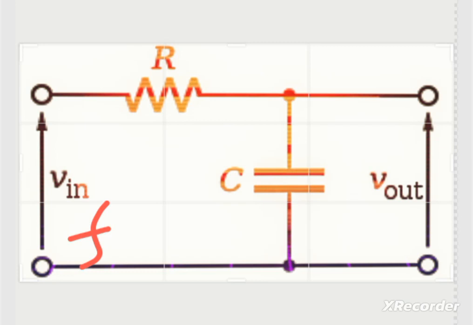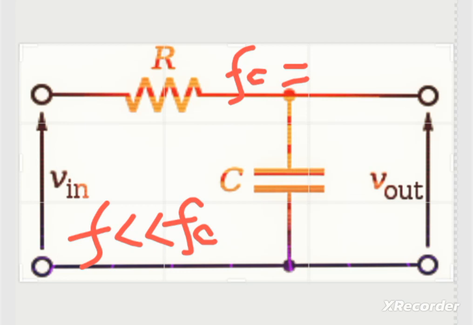If that frequency is very much less than the cutoff frequency of this circuit, which is fc, and fc can be written as 1 over R times C. So as I said, the cutoff frequency is decided by the values of the passives R and C.